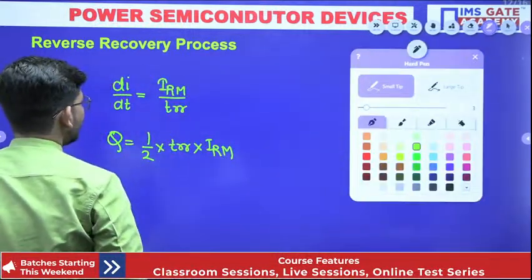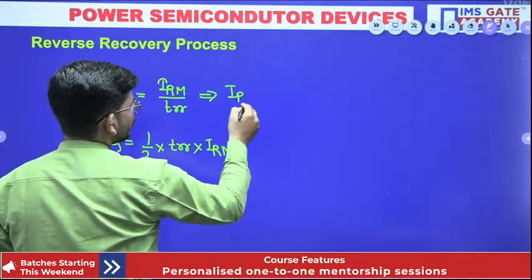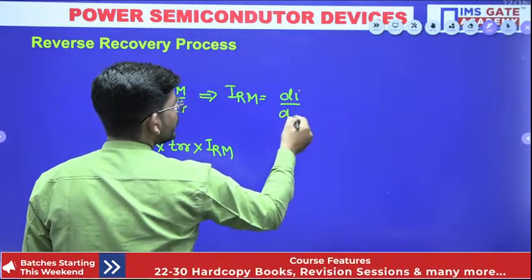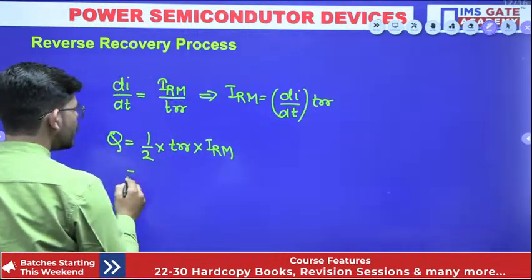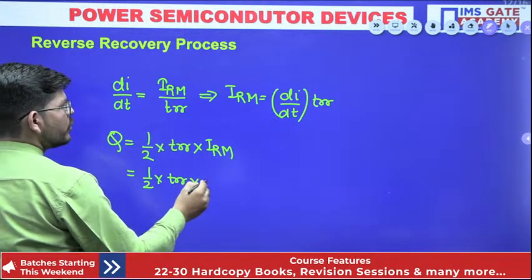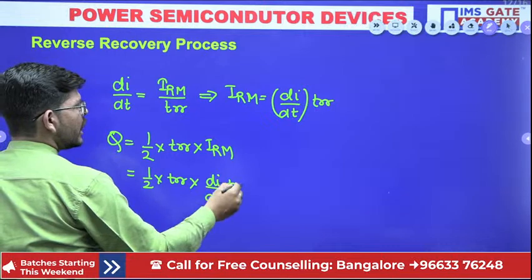So now from here, what is the value of IRM if we want to calculate it? The value of IRM will be di by dt multiplied with TRR. So this is what we are going to put here: 1 by 2 into TRR into di by dt into TRR.